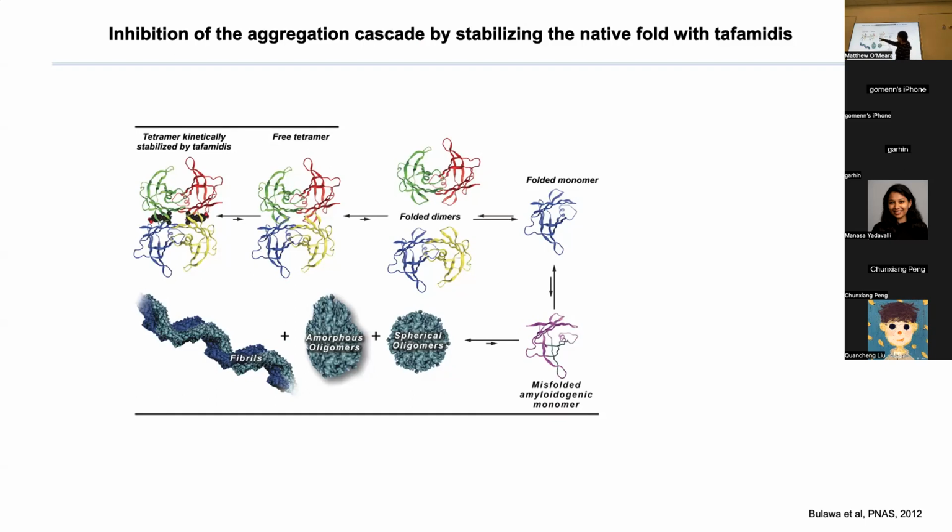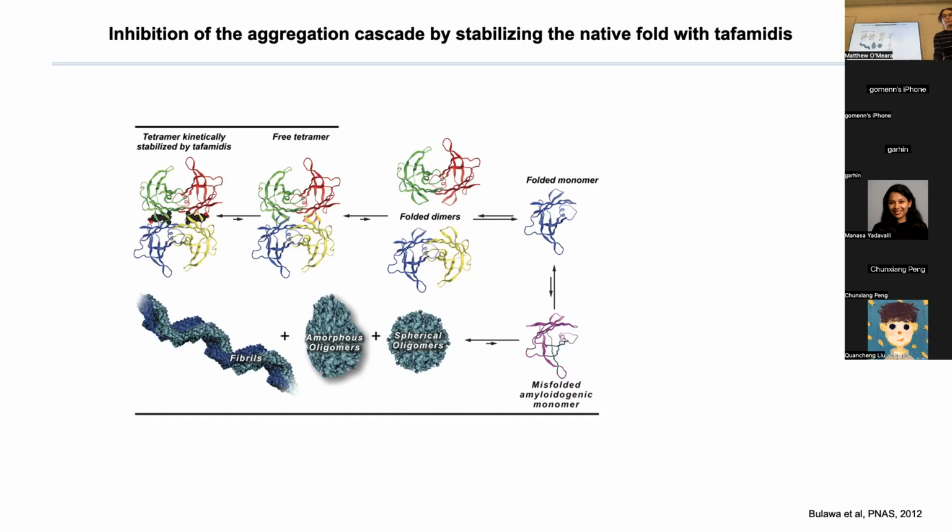On the side note, in the native form, transthyretin exists as a tetramer. However, if for whatever reason this tetramer is destabilized and it dissociates to a monomer, then a monomer quite readily can start to aggregate and form spherical, amorphous and fibrillous aggregates. So if you use a molecule to stabilize it, in this case that black molecule called tafamidis, if you lock that tetramer, then you have a reduction of the aggregation of this protein.